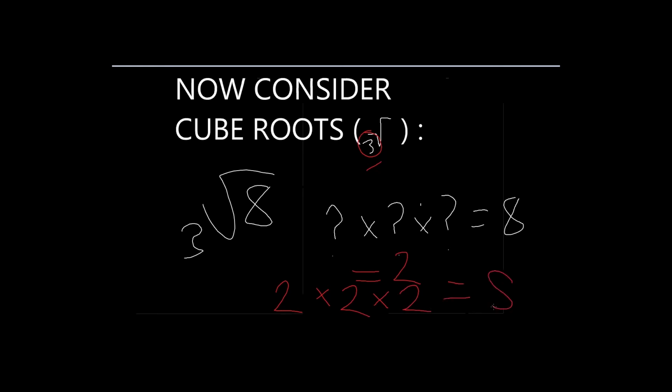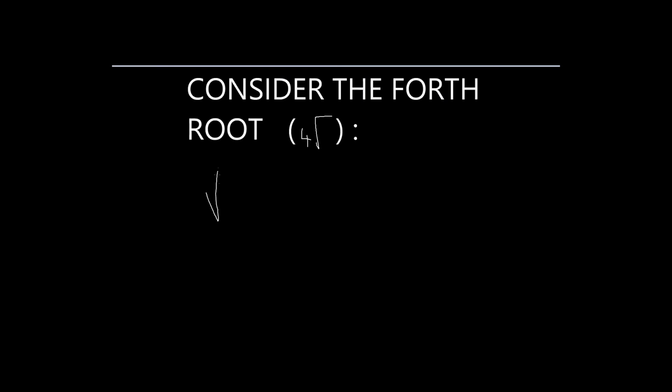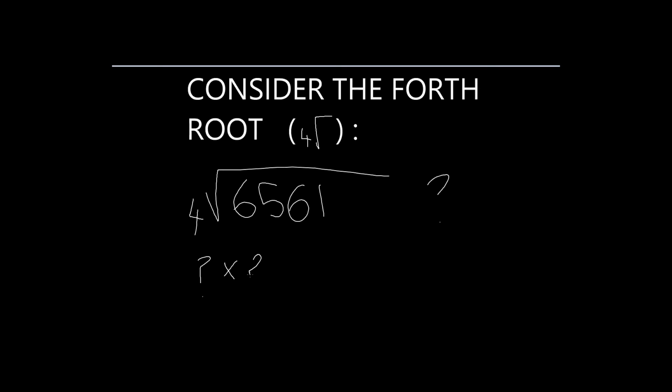With this pattern in mind, let's consider the 4th root. What do you think is going to happen if I take the 4th root of, let's just say, 6,561? So what does this 4th root mean? Yep, that's right. It means what number, when times 4 times, will get 6,561. If we put this into our calculator, we can see that it's 9.